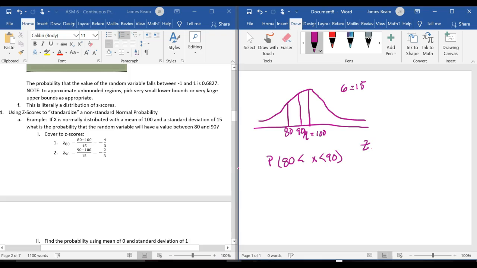So the z for 80 would have been 80 minus 100 over 15, which works out to be -4/3, right? And the z for 90 gives me 90 minus 100 over 15, which comes out as negative 2/3, right?